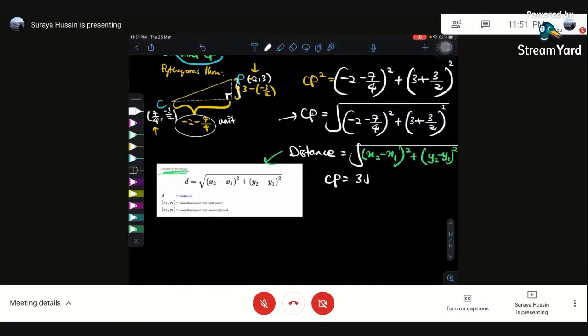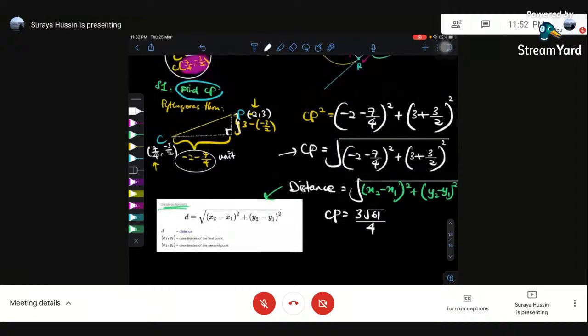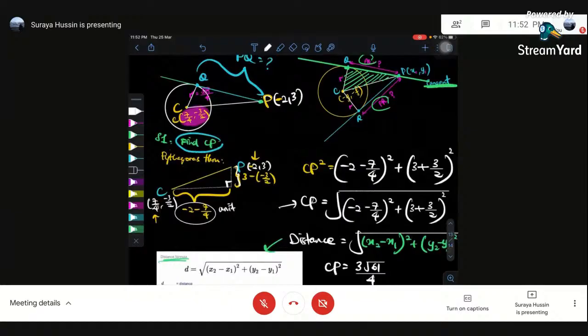Oh, 3 square root of 61 over 4. Yeah, this is our CP, but we are not finished yet. We are not trying to find the CP. We are trying to find the P and Q. Tapi kita dah ada CP. Kita dah ada nilai CP iaitu 3 square root of 61 over 4. Kan? Tapi saya nak mencari PQ.